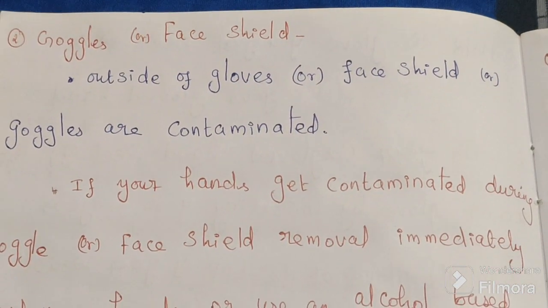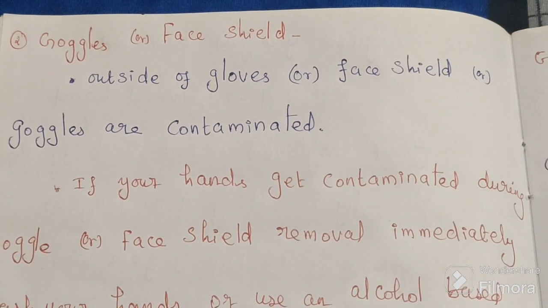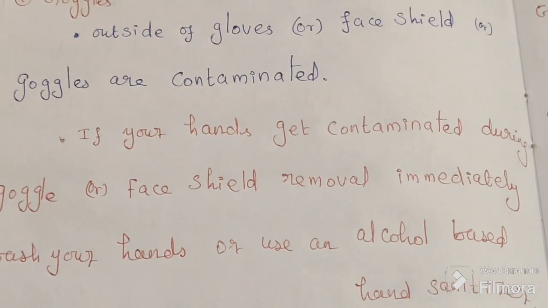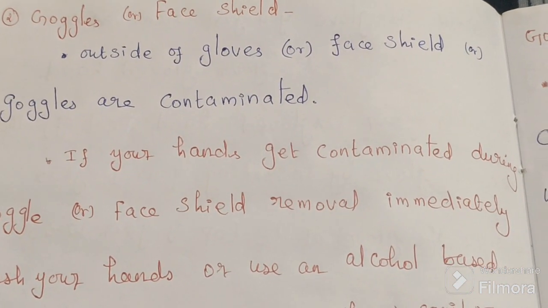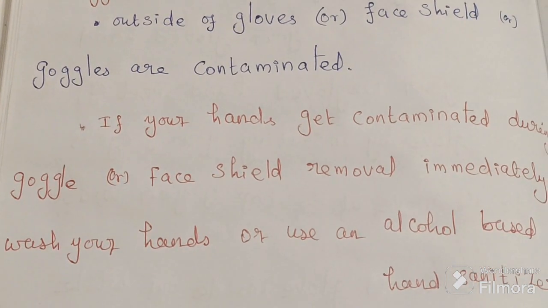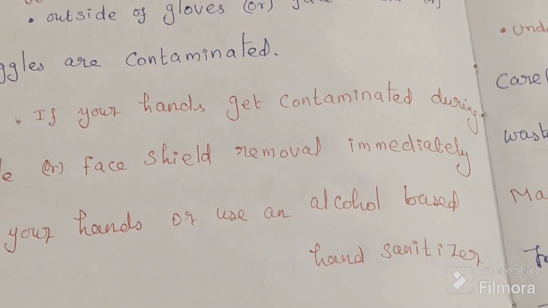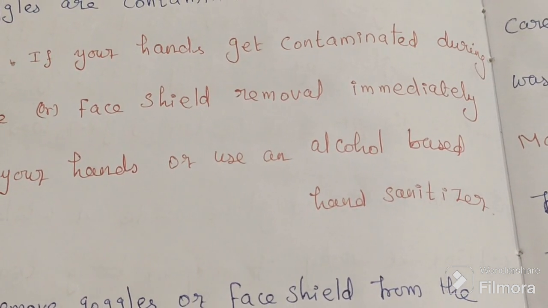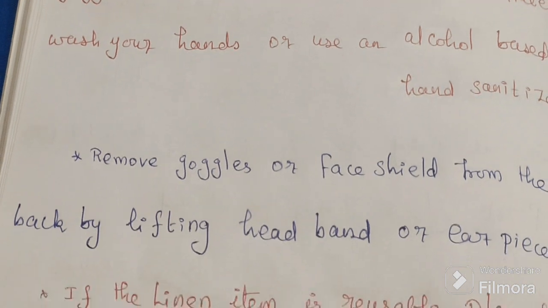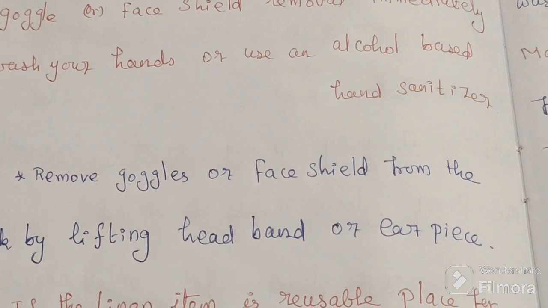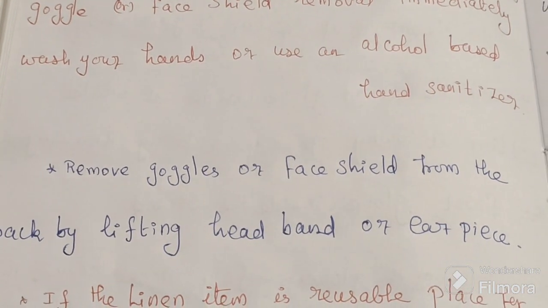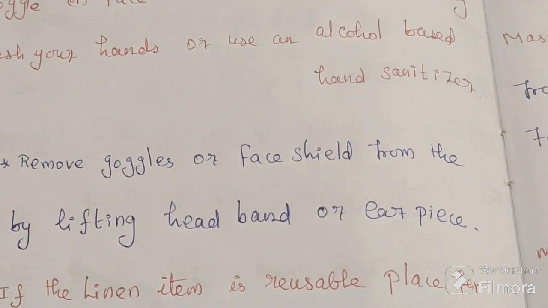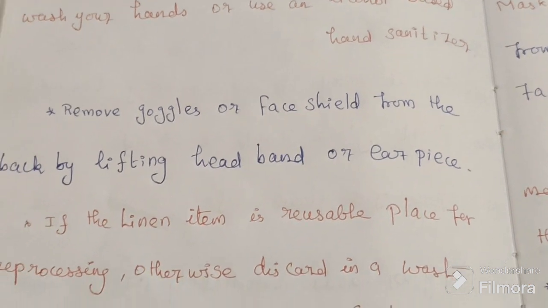How to remove goggles or face shield. The outside of the goggles or face shield is contaminated. If your hands get contaminated during removal, wash your hands immediately or use an alcohol-based hand sanitizer. Then remove the goggles or face shield from the back by lifting the head band or earpieces.